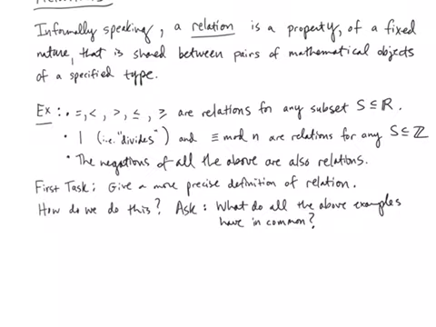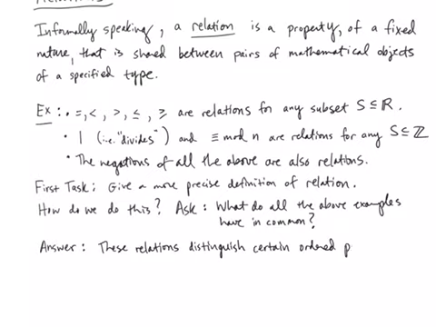So the basic answer to this question is that these relations distinguish certain ordered pairs of elements of a set.